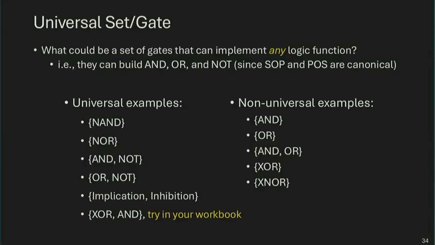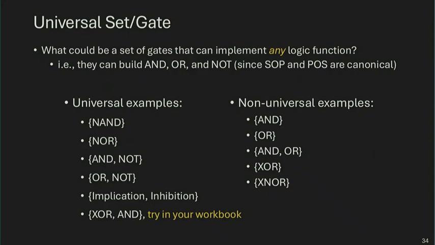Right. And one last topic I want to talk with you about today is a thing called a universal gate. Right. This solves another fundamental problem, which is, what is the minimum set of gates that can be used to build any logic? We need to answer that question to prove the feasibility of any new technology. Right, let's say, actually, a universal gate is something that can be used to build any logic function.